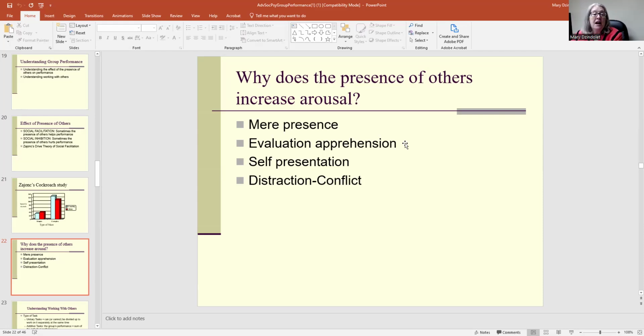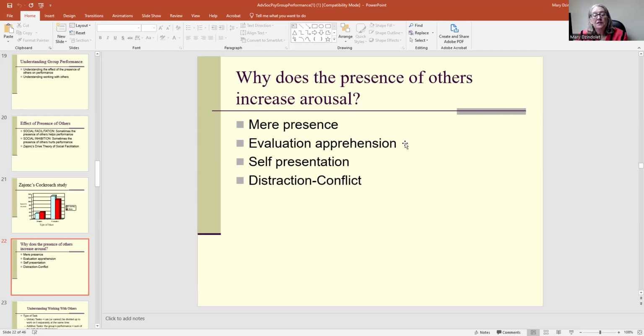The evaluation apprehension people show some support for this: if the people that are watching you are friends, you tend to perform even better on a simple task and even worse on a complex task than if they're people who are judges or people that are strangers. So that kind of shows evaluation apprehension probably is playing a role.